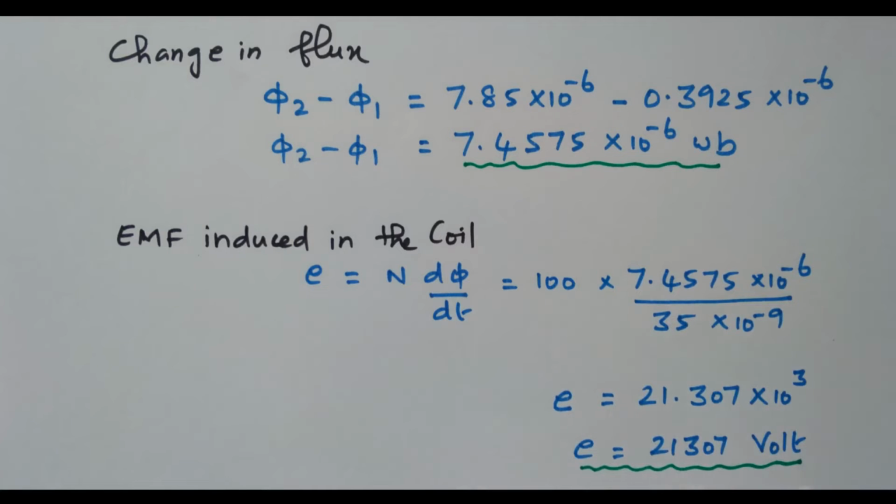So by simplifying we got 21.307 into 10 to the power 3. So this 10 to the power 3 we can multiply, so that is 21,307 volt. The EMF induced in the coil is 21,307 volt.